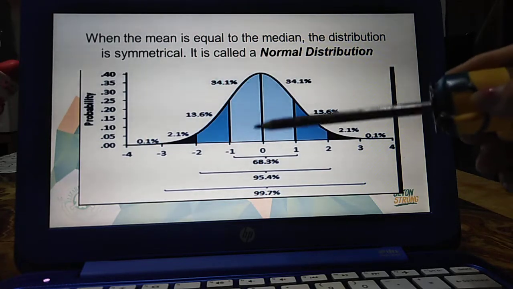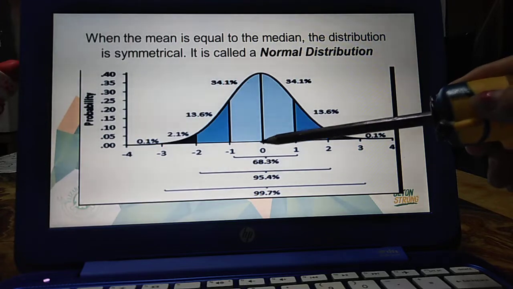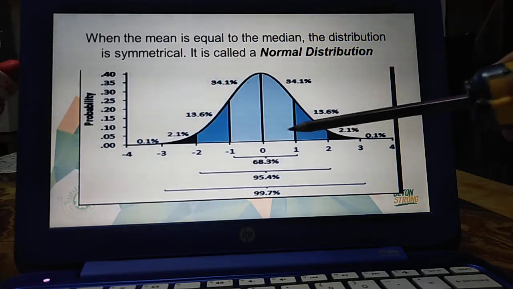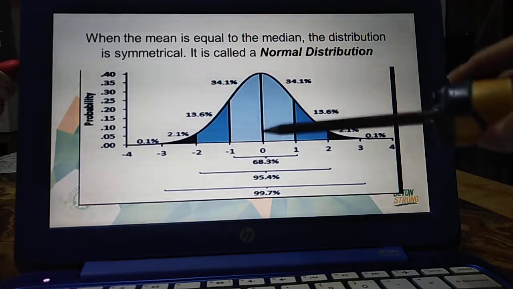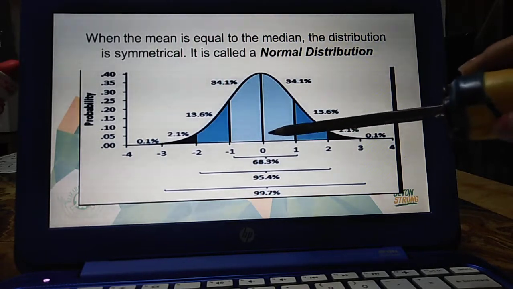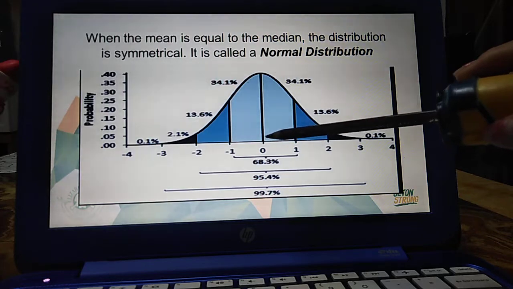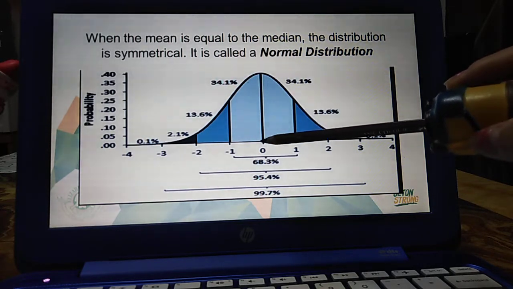From 0 to 1 is 1 standard deviation. So if we look at this graph, our mean is 0, placed here, and our standard deviation is equivalent to 1. So it's only 1 standard deviation away from the mean.